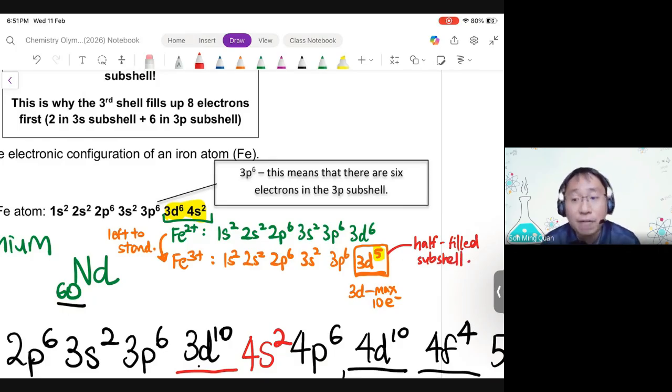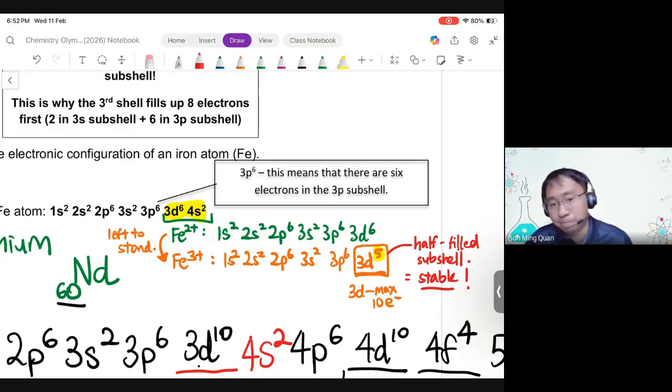Because it's a half filled subshell, it is also stable. So at A level, you will learn that a half filled 3d subshell is stable. So 3d5 is actually stable in comparison to 3d6.